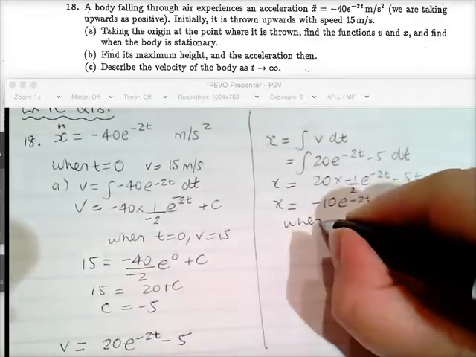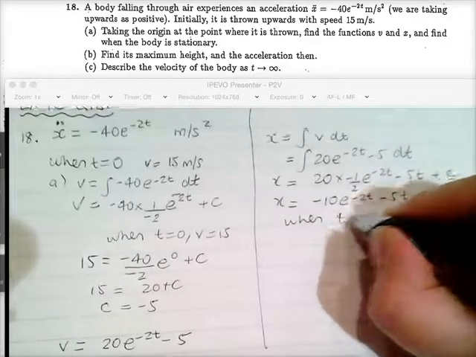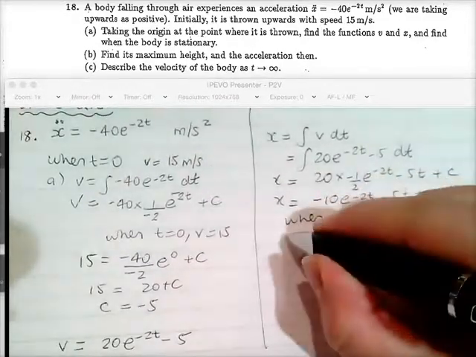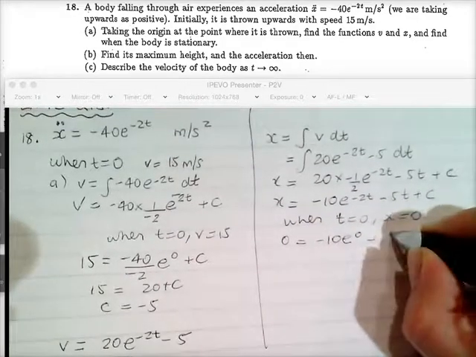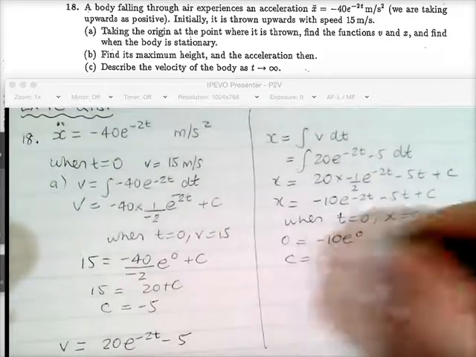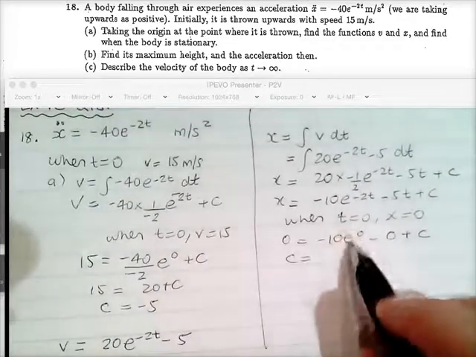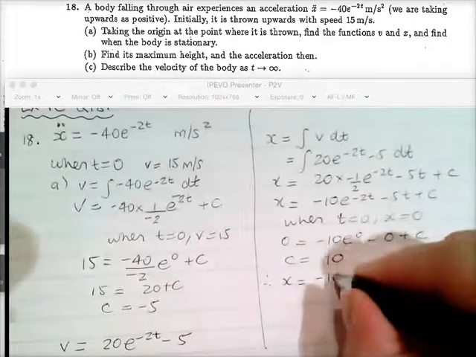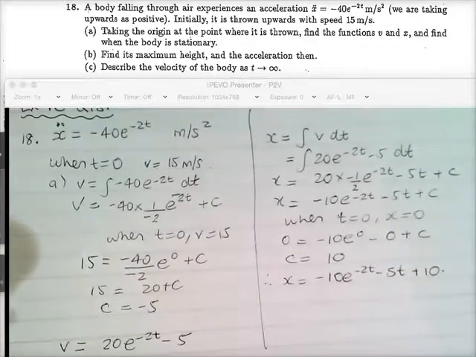Taking the origin at the point where it's thrown, when t is 0, x is 0. Therefore 0 equals -10e^0 minus 0 plus c, so c equals +10. Therefore x equals -10e^(-2t) minus 5t plus 10.